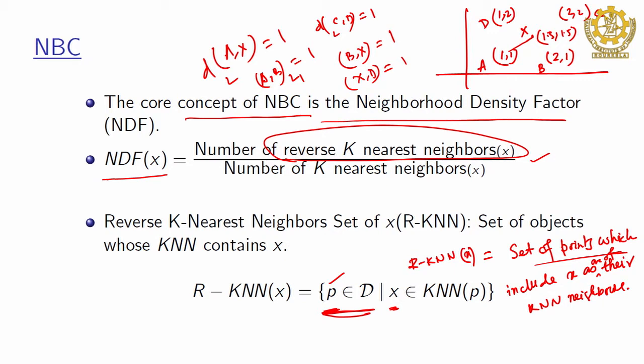Now, what will be the reverse k nearest neighbor of X? What you have to check is whether X has been included as a nearest neighbor of a point. Let us say for these points, what will be the k nearest neighbors? Let us say k value is 2. What is the distance from D to X? That is 1. What is the distance from D to A? That is 1. What is the distance from D to C?